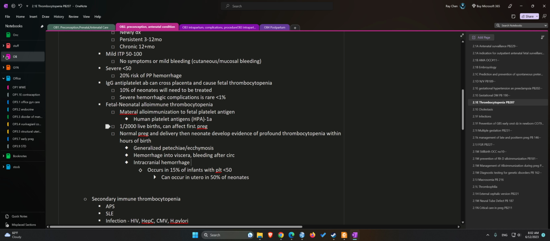There can be intracranial hemorrhage, which can occur in 50% of infants with platelets less than 50. This condition can also occur in utero in about 50% of fetuses with this condition.